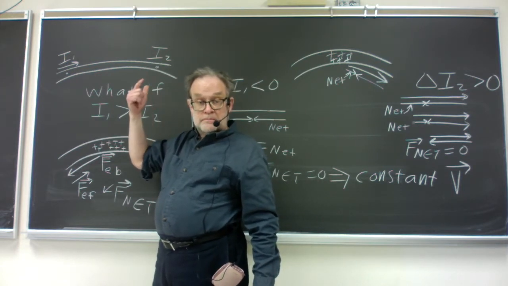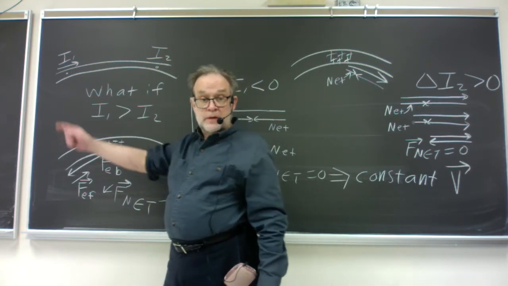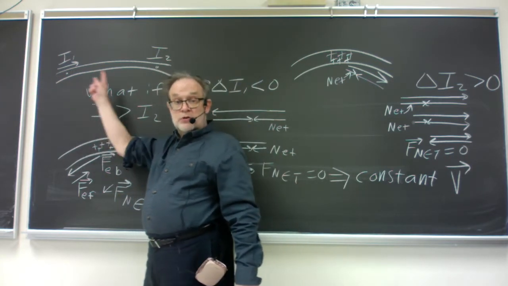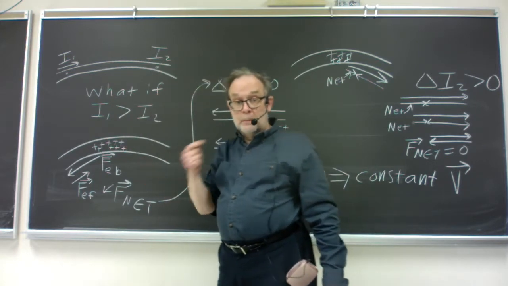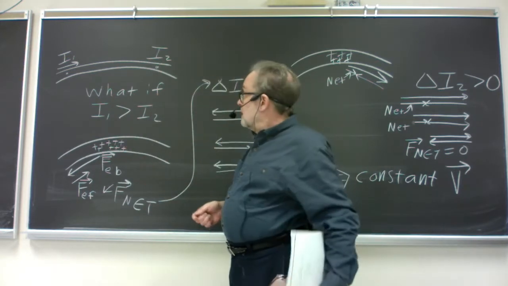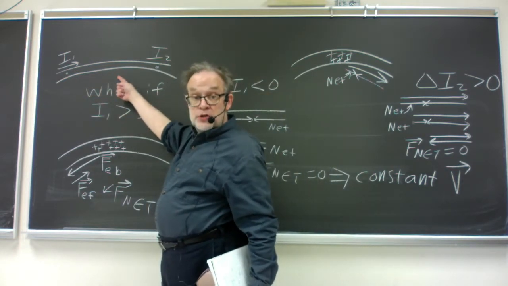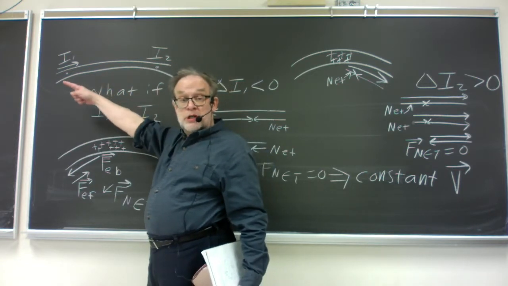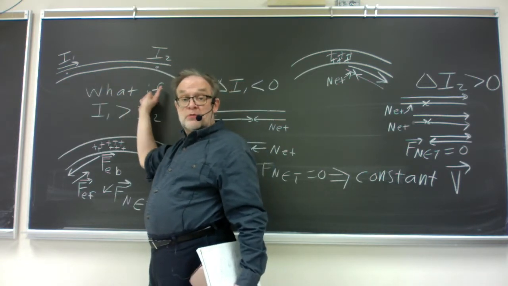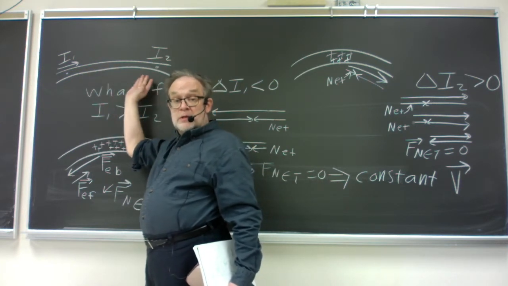Let's imagine, this turns out to be not true, but let's imagine that the current here is larger and the current here is smaller, I1 bigger than I2. So what happens? There's more charge coming into this region than there is going out. The flow of charge here is faster, higher than the flow of charge here, so more charge is coming in than going out.